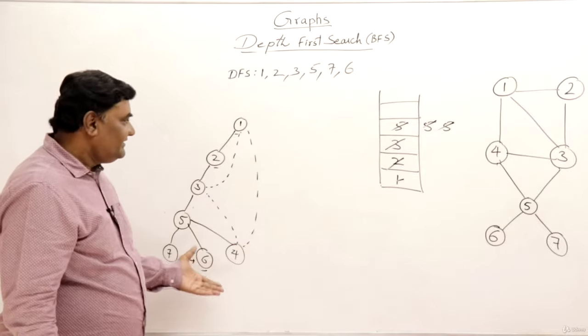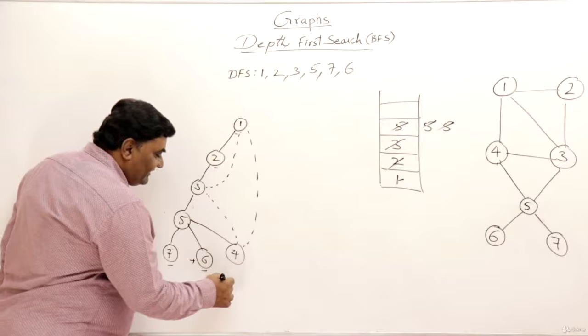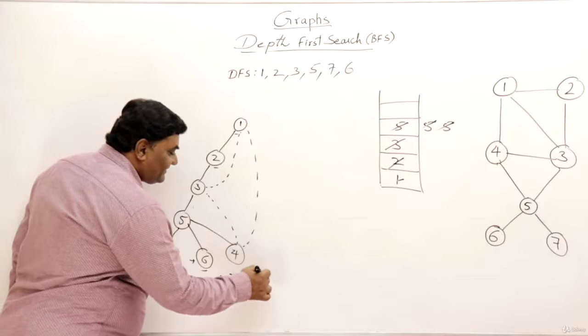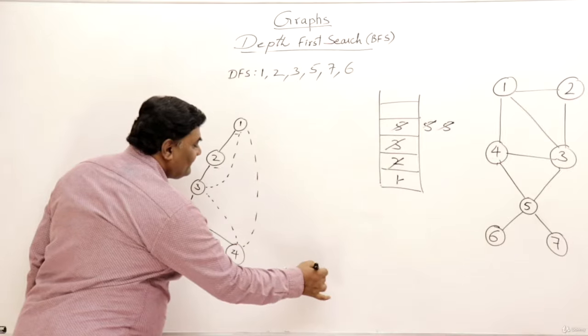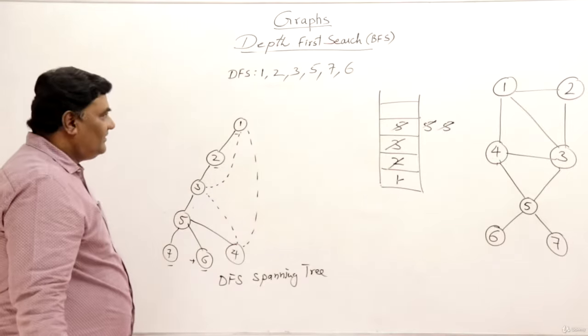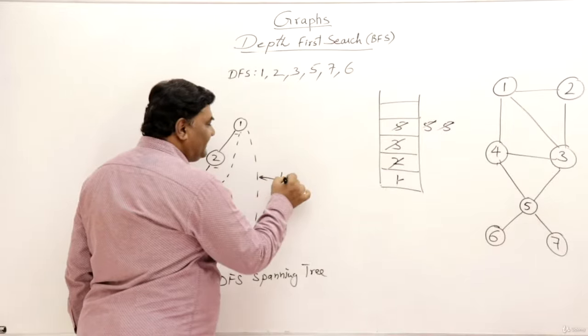This is how we define it. So we have seen this result. The tree that we got is the depth first search spanning tree. And in this, the dotted edges that we are getting, we call them back edges.